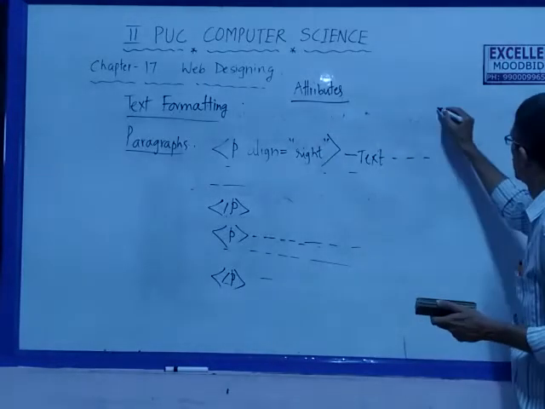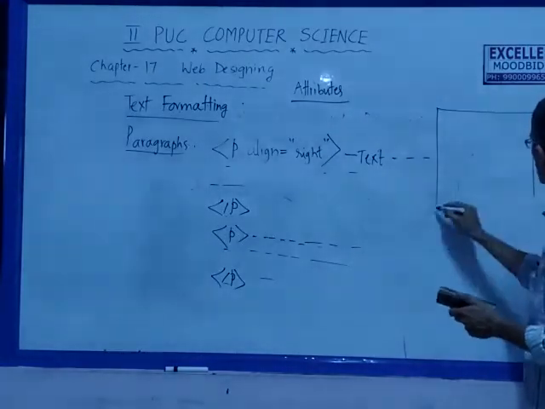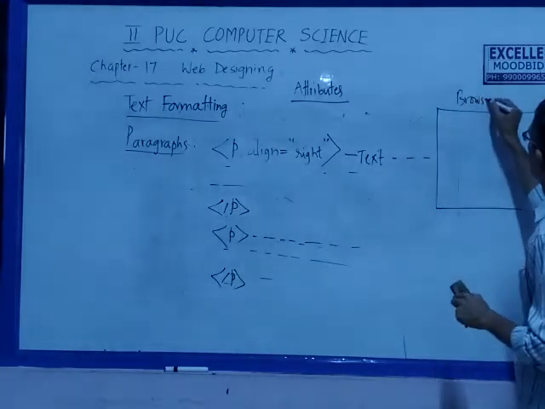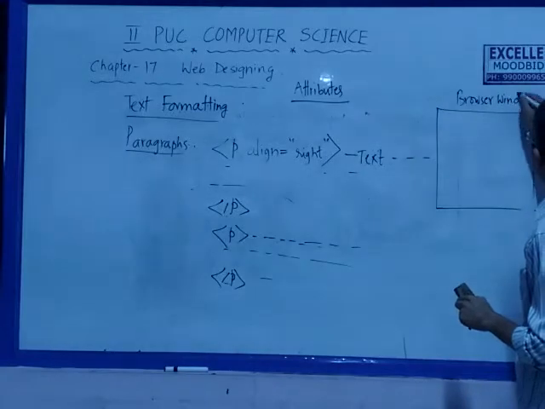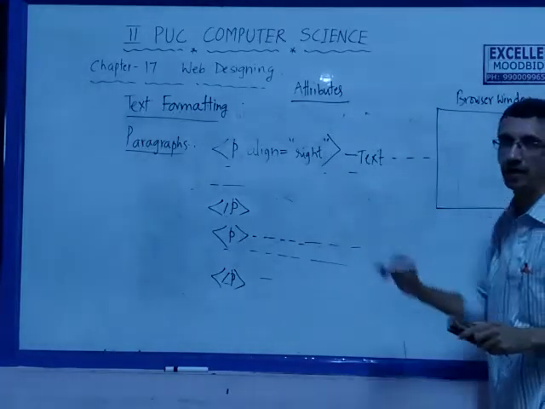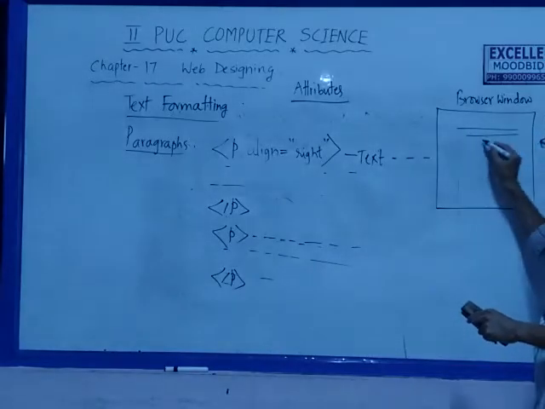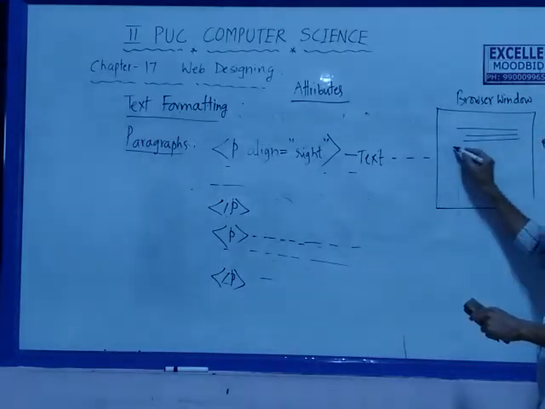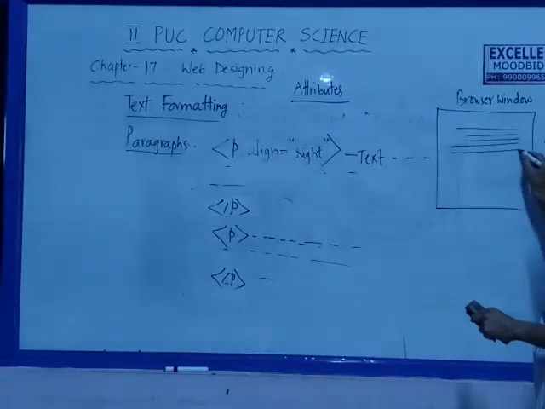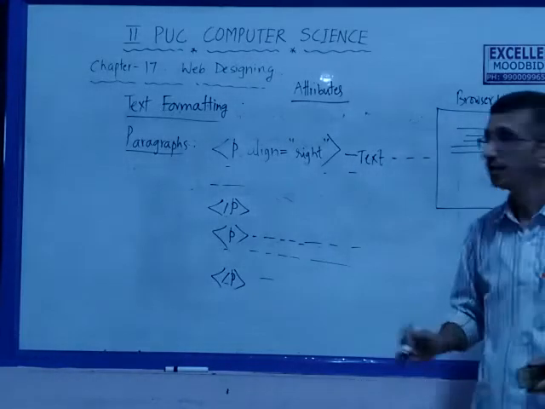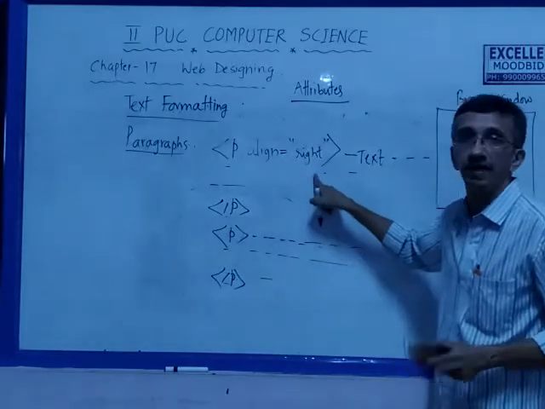I will draw. When you have the content shown in the browser, this is the browser window, and the paragraph created will be aligned to the right. I am getting this right alignment. Look at this: the right side of the paragraph is aligned here because align is given the right value.